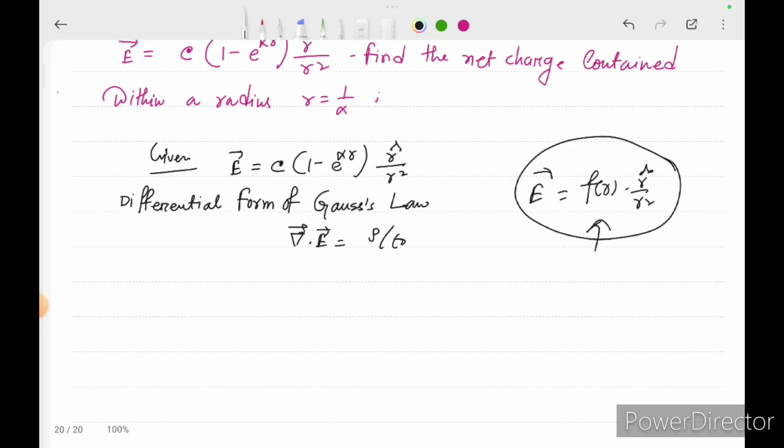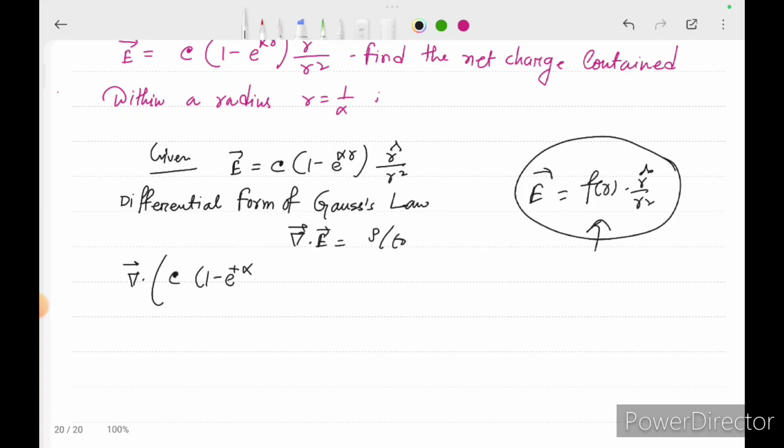It's a very crucial learning part. I think you got my point. Here you notice the given electric field has the same form as in the previous question, question number 1.